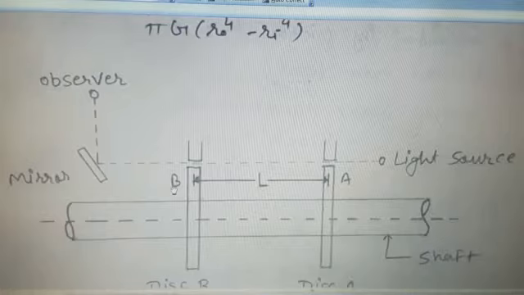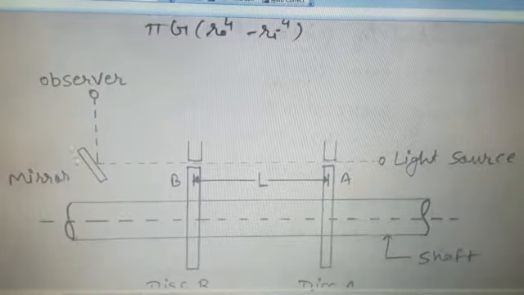Next, how can we find the angle theta? When the shaft moves freely, no angle is detected, so theta is equal to 0.